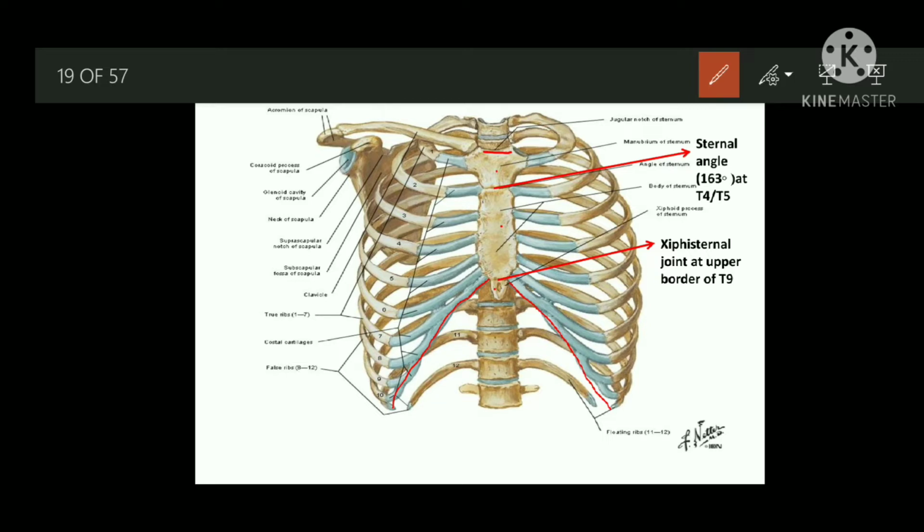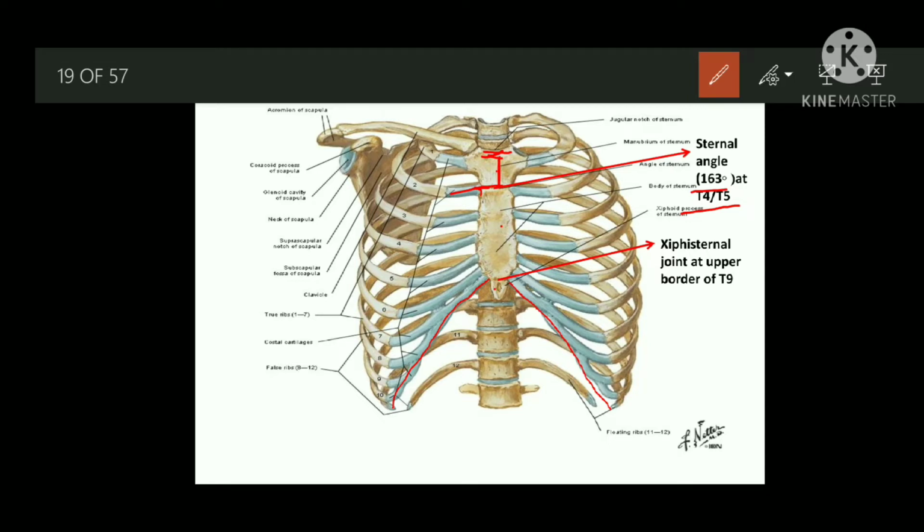Second, the sternal angle is felt as a transverse ridge about 5 cm below the suprasternal notch, and it lies at the level of T4 and T5 vertebrae, forming a 163-degree angle posteriorly. The second rib articulates at the level of the sternal angle. So this is the landmark where we can count the ribs.